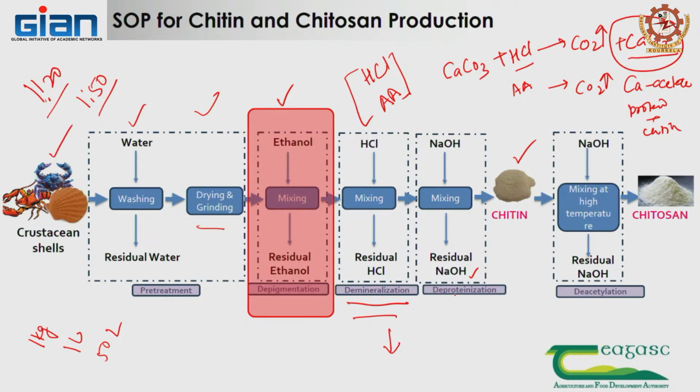This protein can be precipitated back with HCl to get a protein biomass coming out of shells, though it will be a very small quantity. The majority of the composition of shell is calcium carbonate. And this chitin, if you treat it at very high temperature, forms chitosan, which is what is sold. So you have seen how the processing is done sequentially.